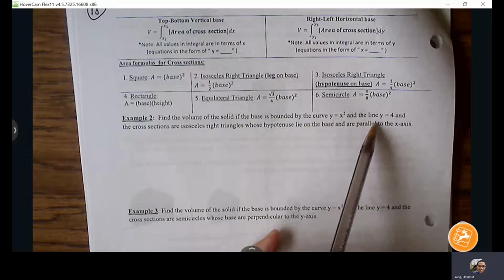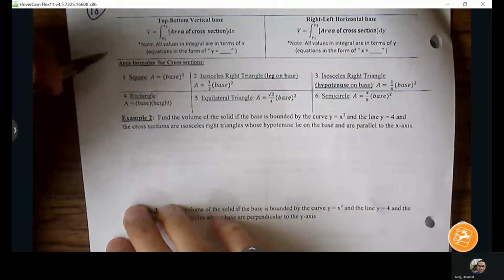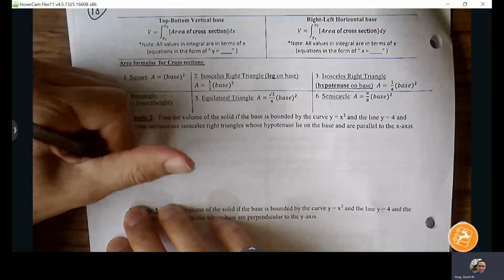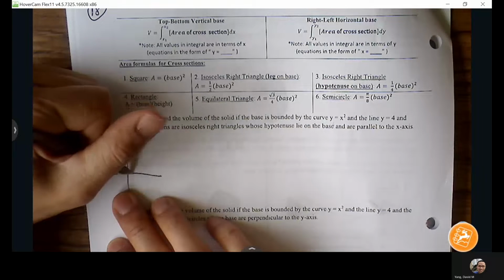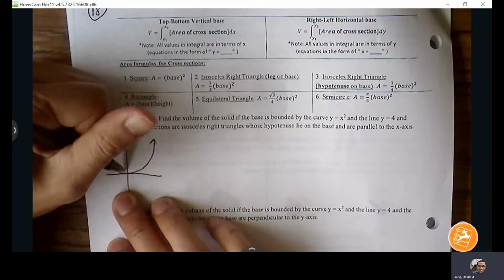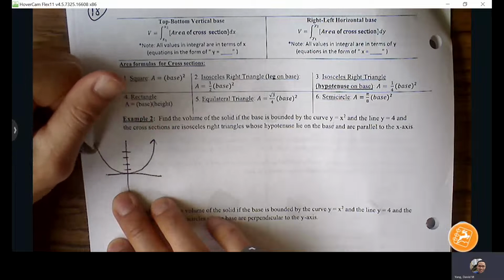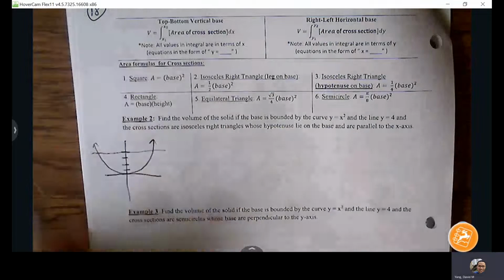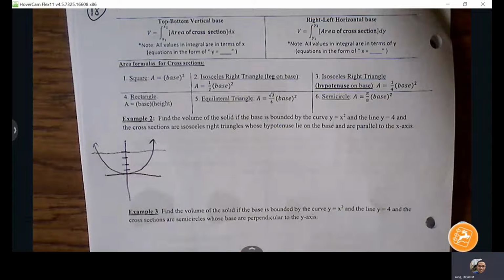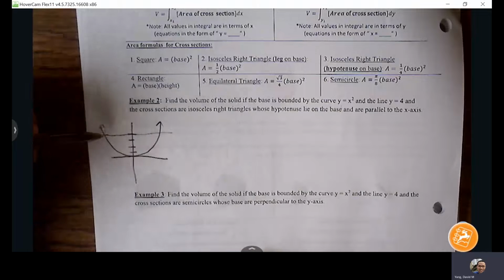That's a parabola and the horizontal line. Okay, there's our shaded region.